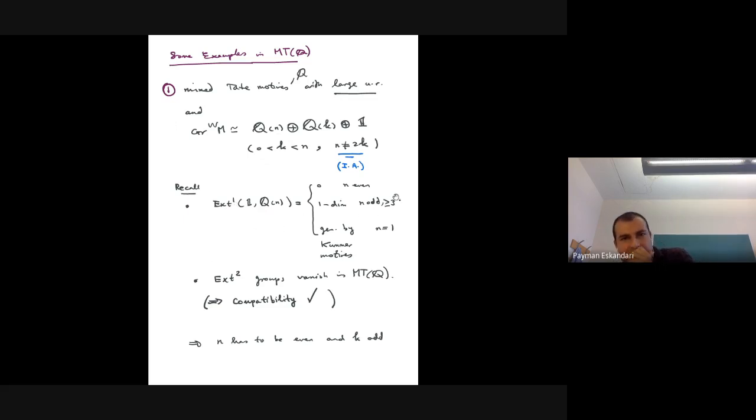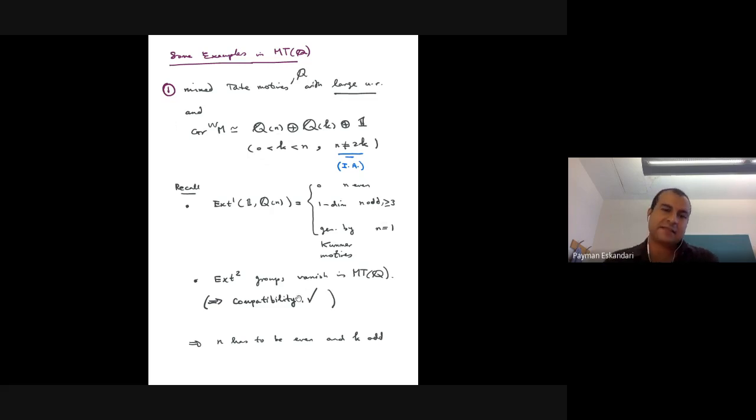Remember that if n is even, they are just 0, and if n is odd and greater than or equal to 3, these groups are one-dimensional. And if n is 1, these are Q star tensor Q. So the one-dimensional ones correspond to the zeta values, and these ones correspond to logs. And another very nice thing here is that the Ext2 groups vanish in mixed Tate motives over Q.